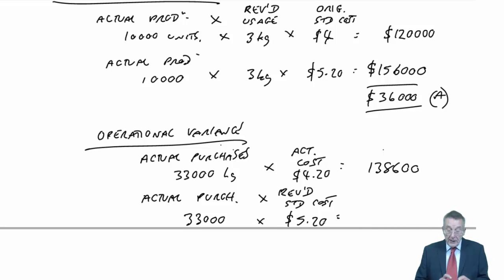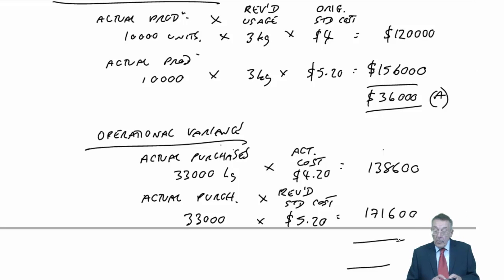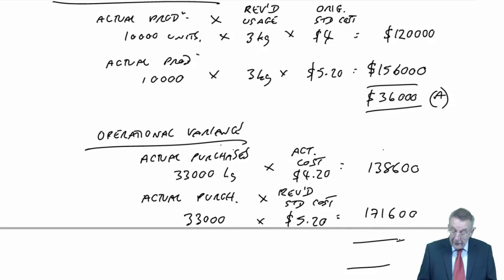Having revised, we're expecting the manager to have paid 171,600. And of course, he's actually done well. There's a favourable variance of 33,000.